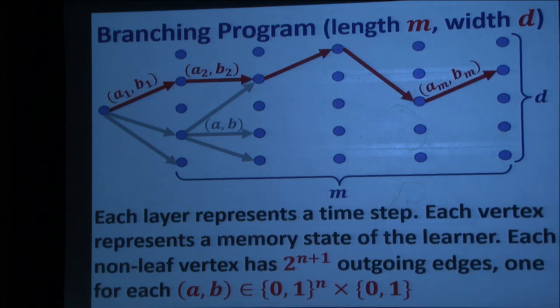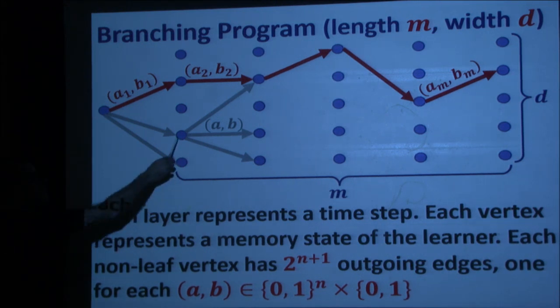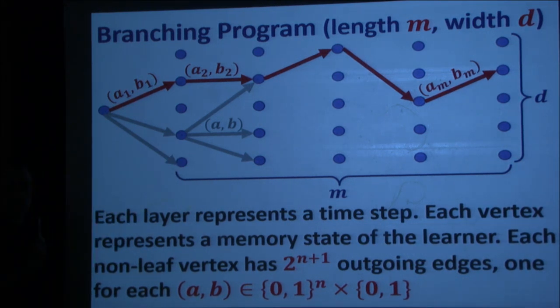For every vertex in the branching program, we have 2 to the n plus 1 outgoing edges. One for each a, b in {0,1}^n times {0,1}. So one for each possible equation. Suppose that at this time step the learner is in this memory state.